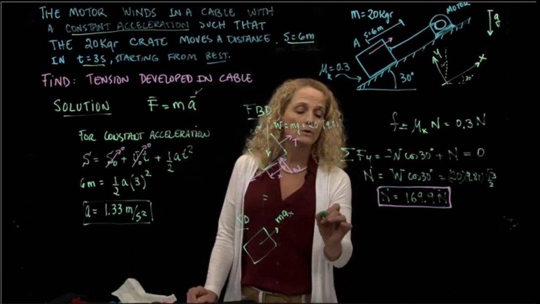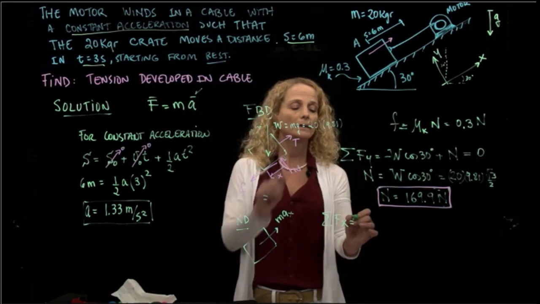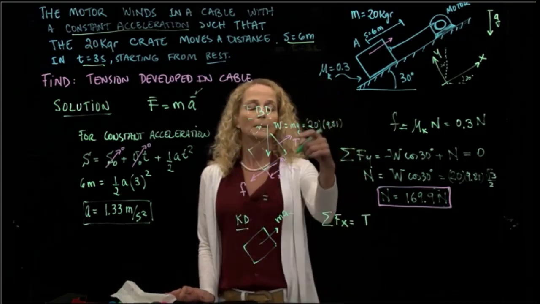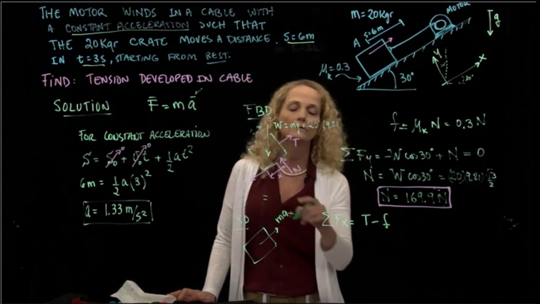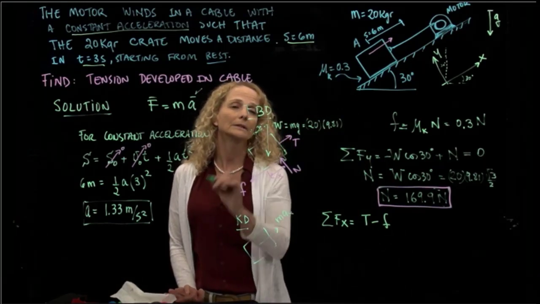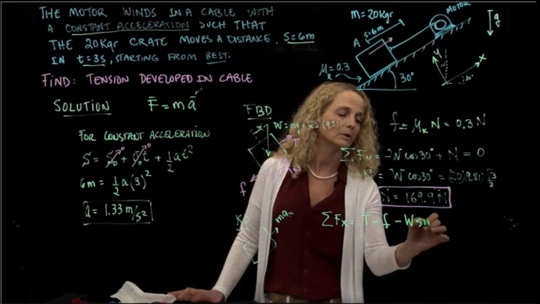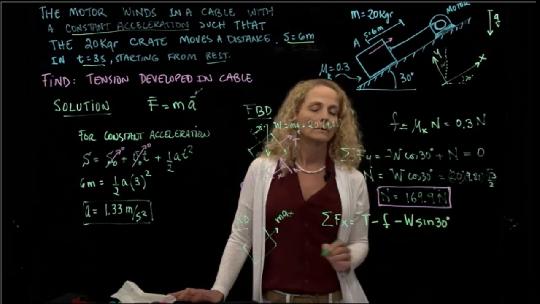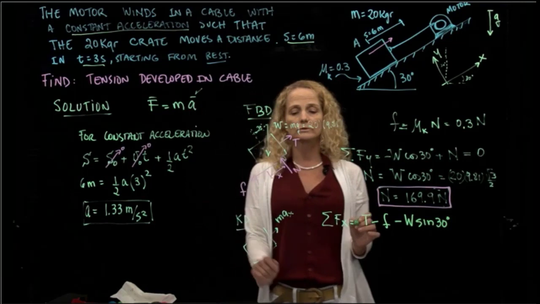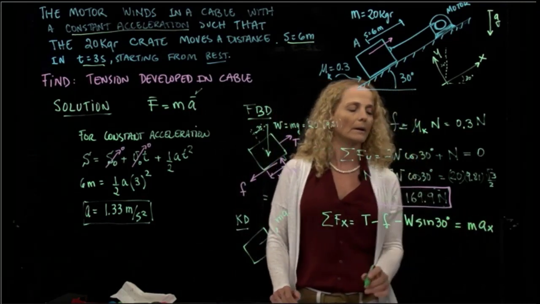Okay, now I add forces in my x direction, and I have the tension, minus the friction force, minus a component of the weight, which is that one right here, minus weight sine of 30. The normal does not participate. This equals mass times ax.